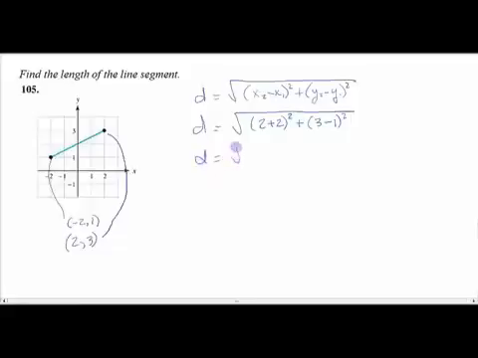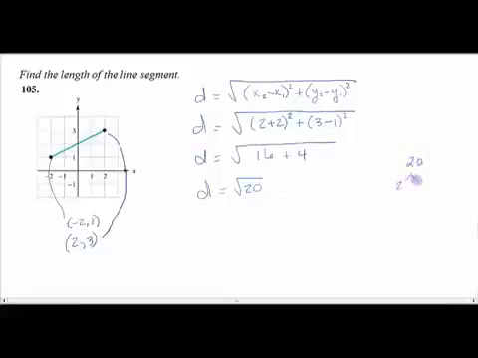So d is the square root of 2 plus 2, which is 4, squared, plus 3 minus 1, which is 2, squared, is 4. So d is the square root of 20, which I know I'm going to have to simplify.